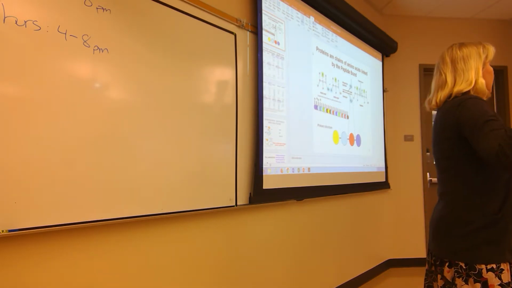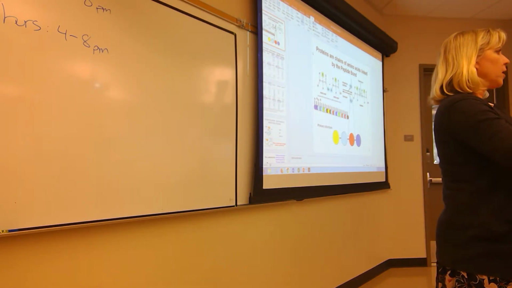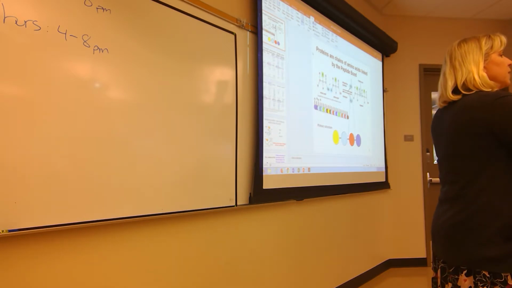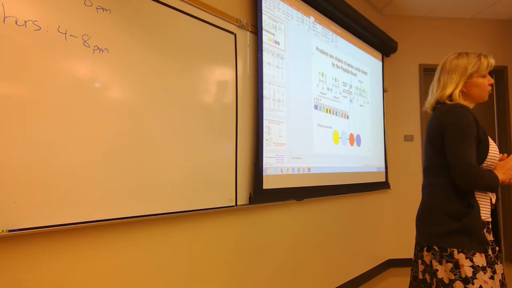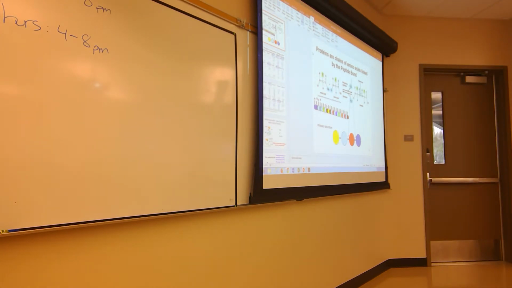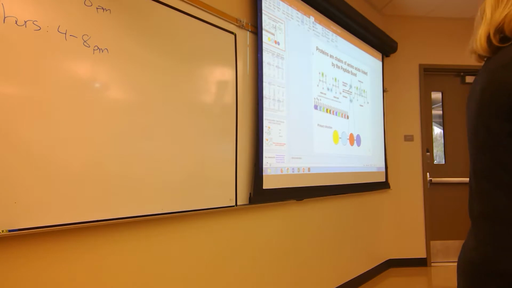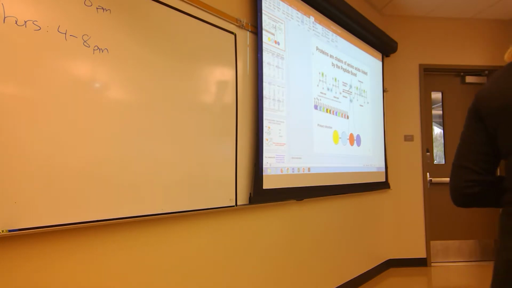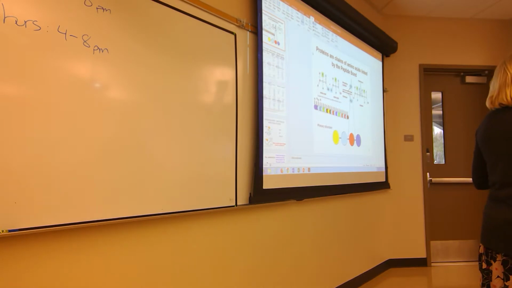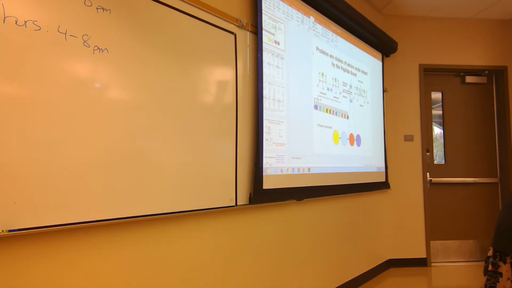Genes code for the order of the amino acids. If the genetic material gets changed, if there is damage and it's not repaired the way it should be, it could lead to a new protein that might not fold the way it should, that might not act the way it should.